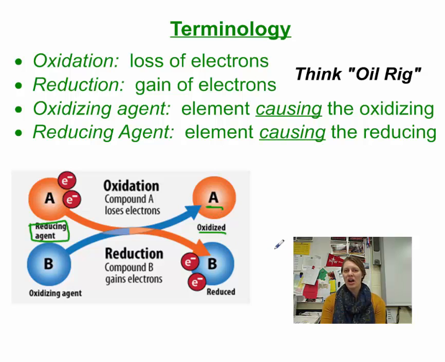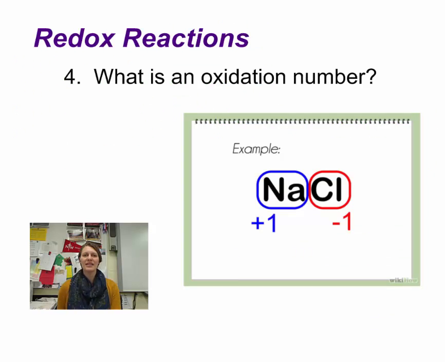So they work opposite each other, the agent part. So I won't worry too much about oxidizing or reducing agents, but just know that the agents are the cause of it.